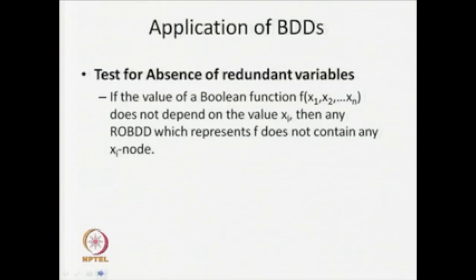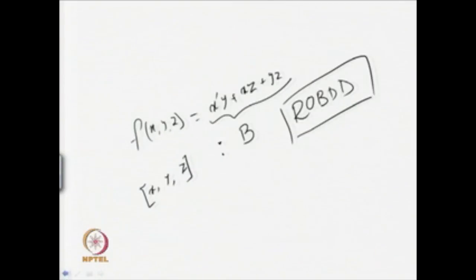The first one is the test for absence of redundant variables. Say I give you a particular function, can you say whether this function is independent of some variable? Say I give you this function x y plus x z plus y z, can you tell me whether it is independent of some variables? This is a small function, we can look at it and say it may or may not be independent.